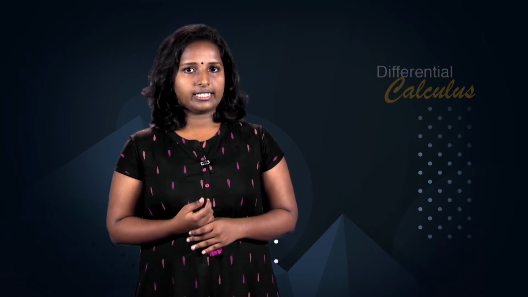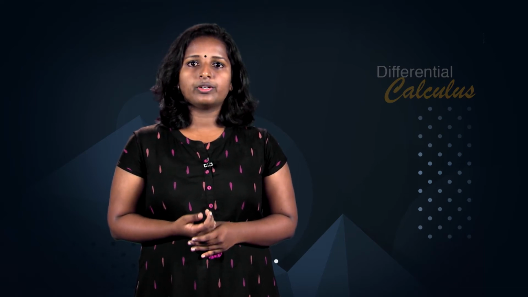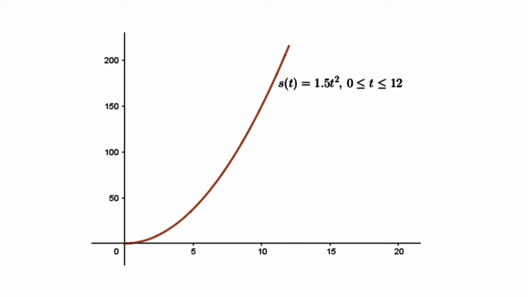Let us consider an example. Suppose a car is driven such that after t seconds, where 0 ≤ t ≤ 12, it is s(t) = 1.5 t² meters from its initial position. That is, the distance covered after t seconds is given by s(t) = 1.5 t² meters, 0 ≤ t ≤ 12.